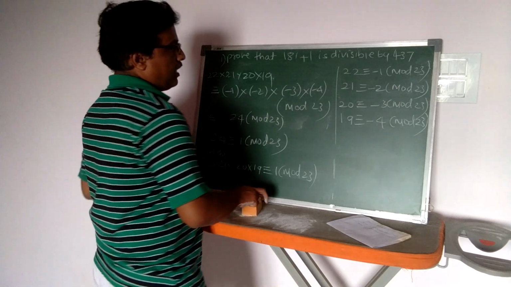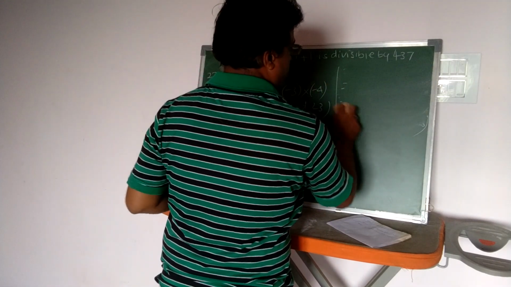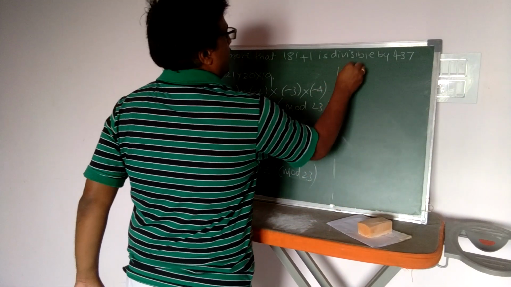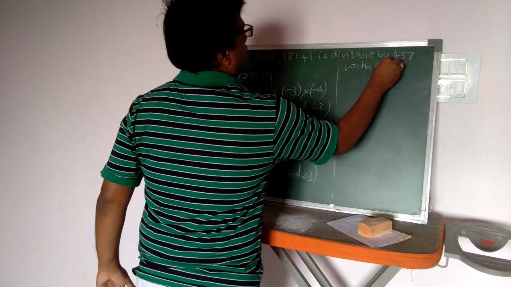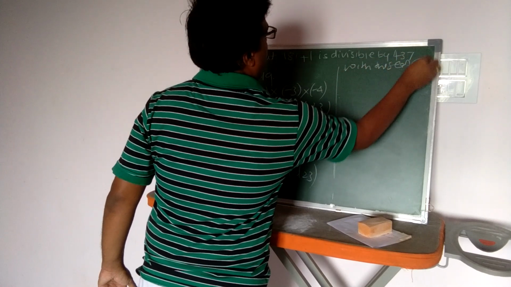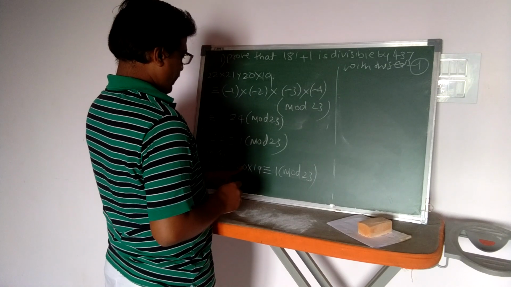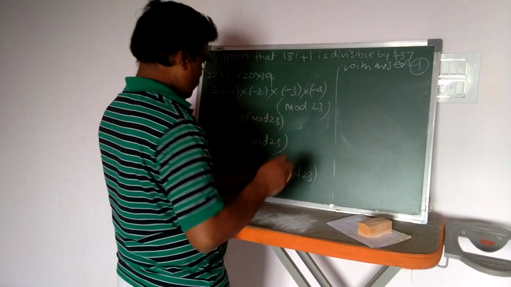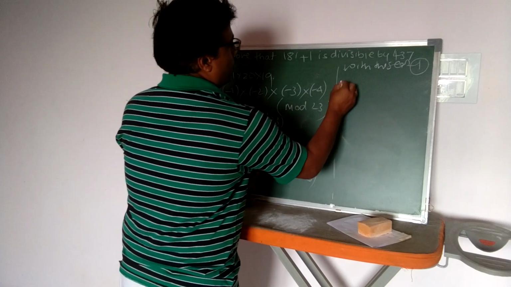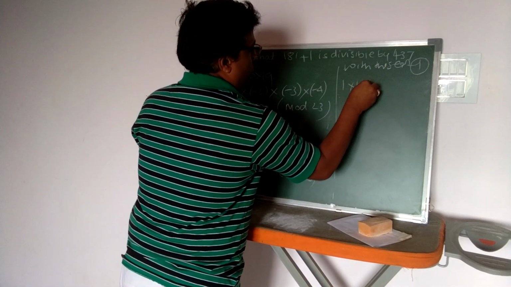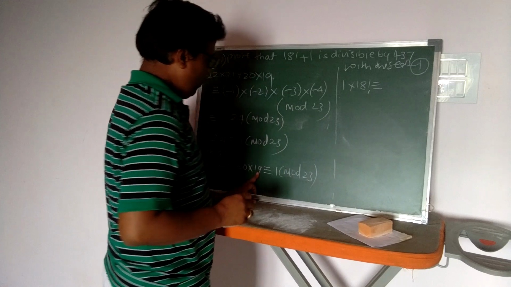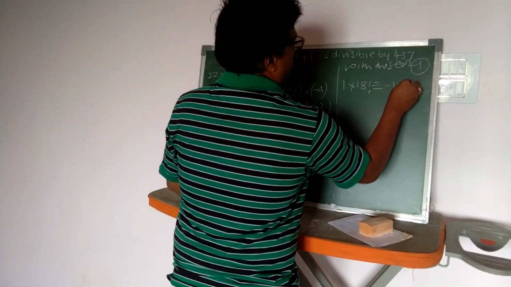So with this our equation 1 becomes 22 into 21 into 20 into 19 into 18 factorial. So 22 to 19 gives 1 into 18 factorial is congruent to minus 1 mod 23.